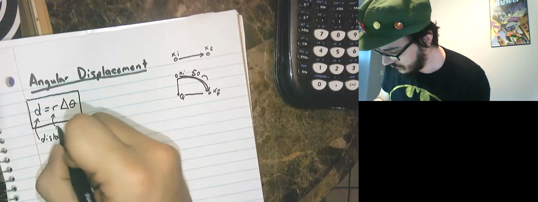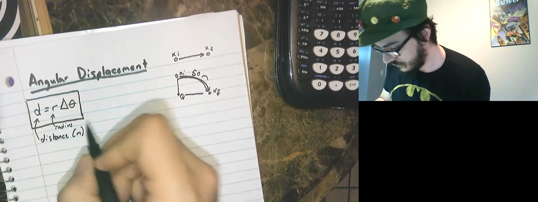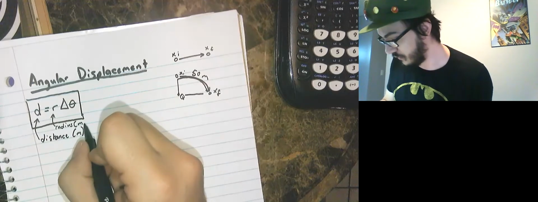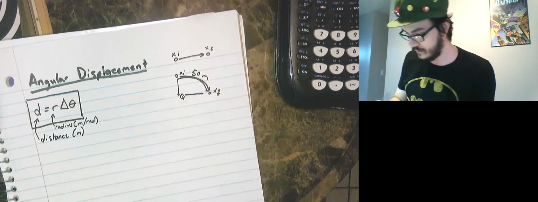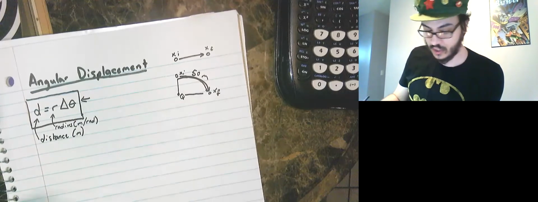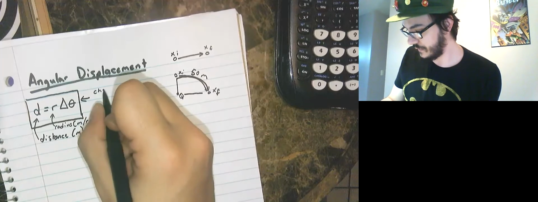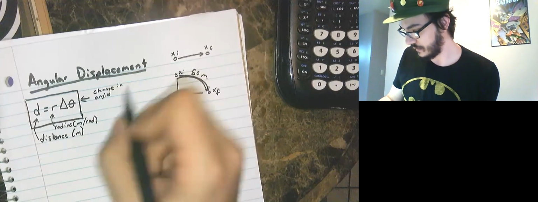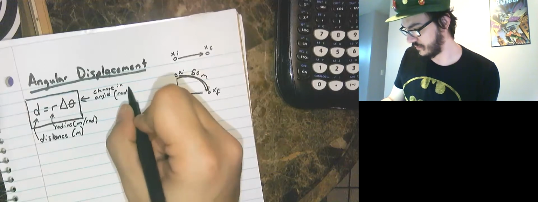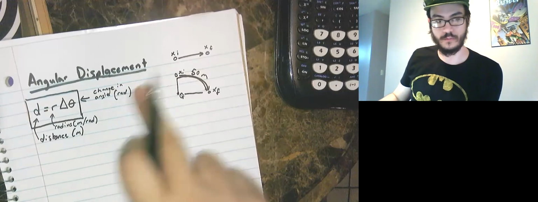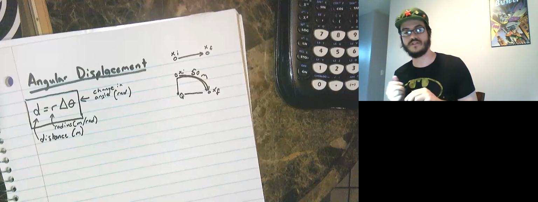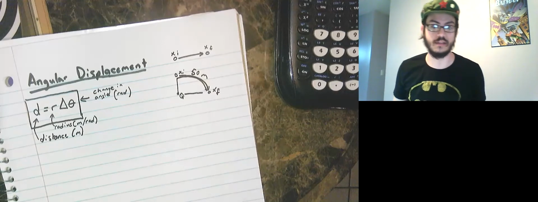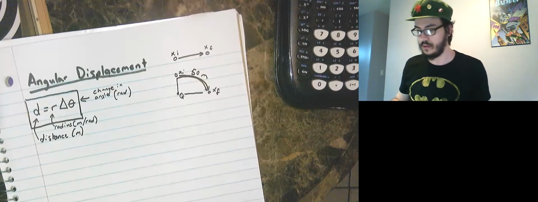R is the radius, which is also in meters. You could even think of it as meters per radian. And then your change in angle in radians. If you look at that, it's a really simple unit conversion, no different than what we were just doing a second ago with degrees and radians and revolutions.